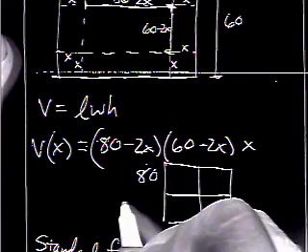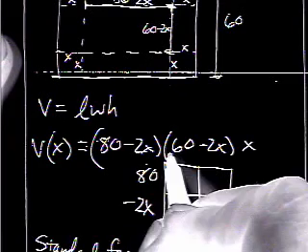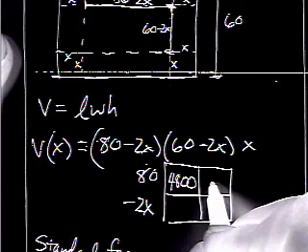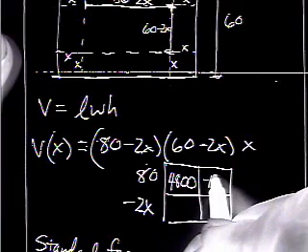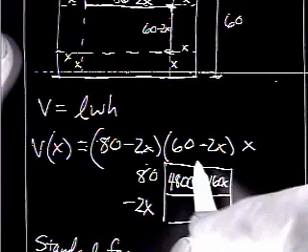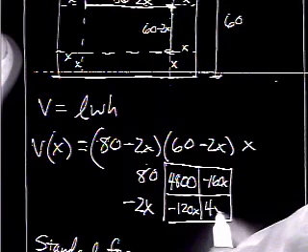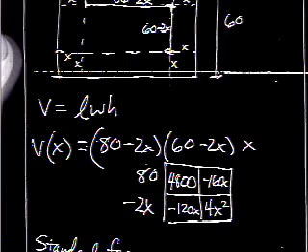We'll multiply these things together. 80 minus 2x times 60 minus 2x, so what do we got there? 4,800 minus 160x minus 120x plus 4x squared.